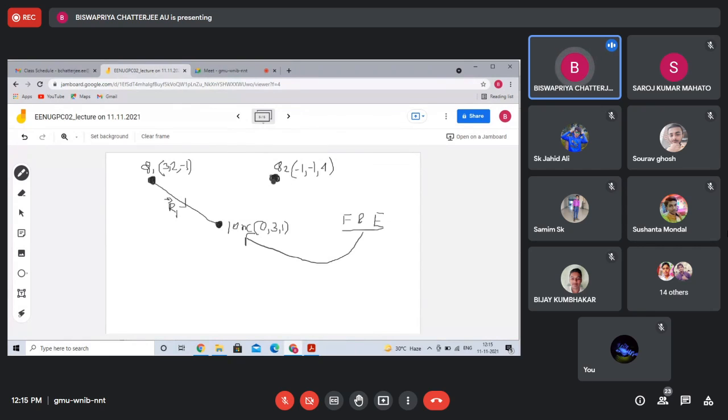And let us say this is R2. So now let us calculate what R1 is.